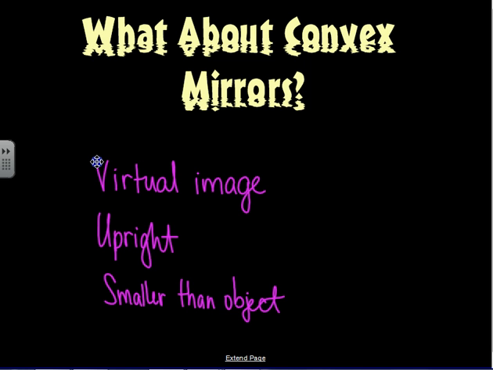Another thing that makes convex mirrors unique, and we'll talk more about this as we get to the mirror equation, is that for convex mirrors, the focal length is negative.